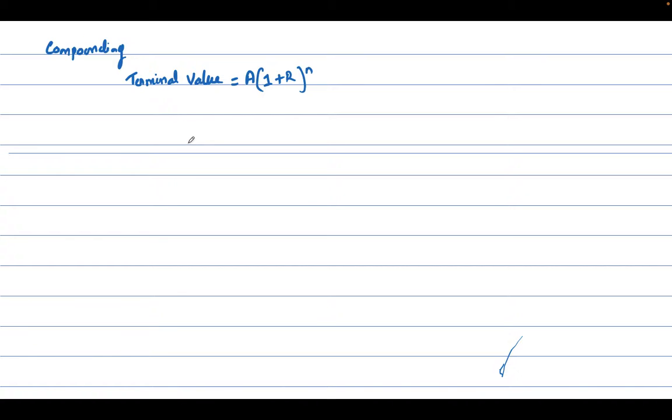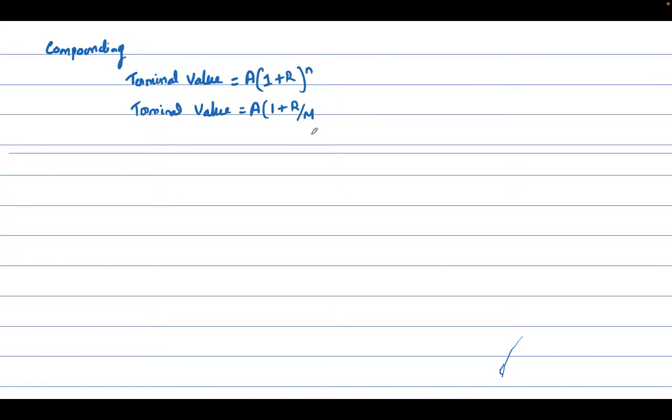If it is compounded n times per annum, here if I say it is 1 year, n means 1. If it is 2 years, it is 2. If it is compounded many times in a year, then the formula will be terminal value equals amount invested into (1 plus rate of interest divided by m) to the power mn.